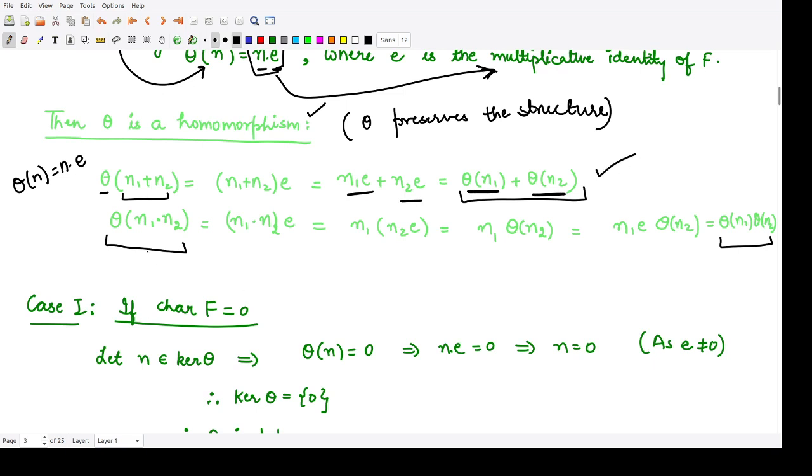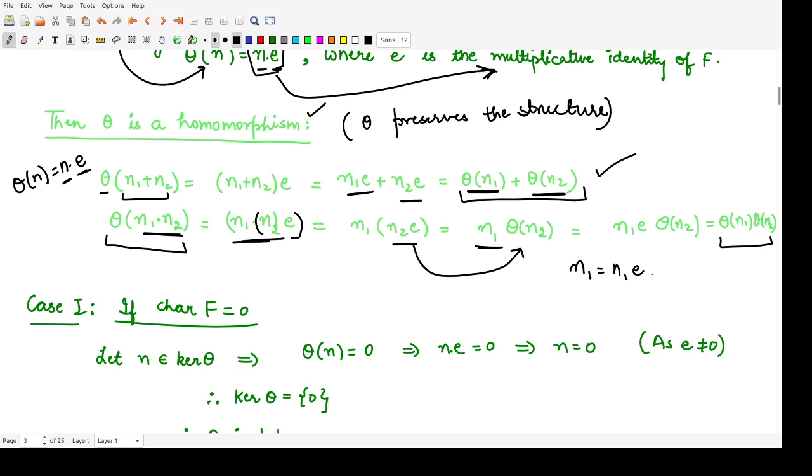For the second part, we again apply this definition: theta of n1 into n2 is n1 into n2 into e. Using associativity, you can shift the brackets to this side, so it would be n1 into n2e. What is n2e? It is theta of n2. And because n1 is some element of the field, you can write n1 as n1 into e.